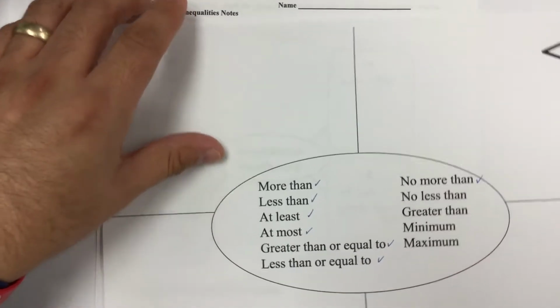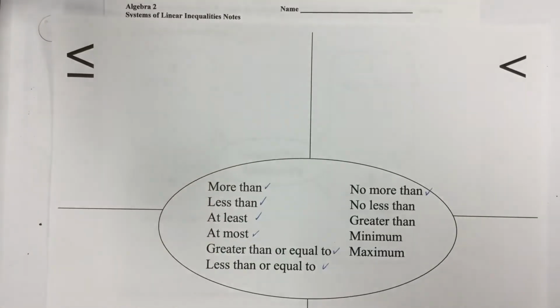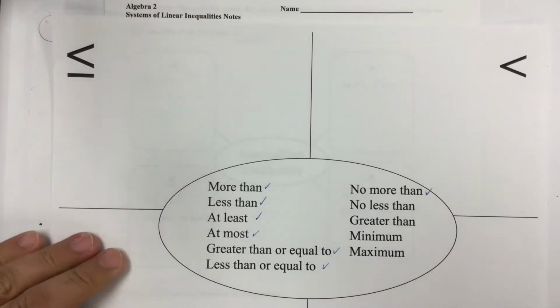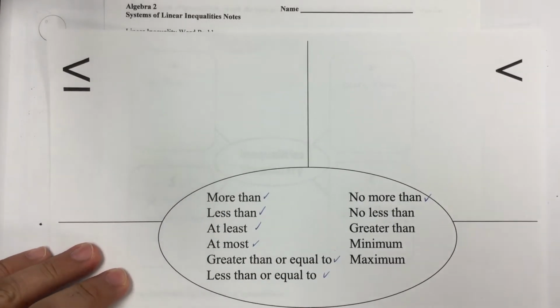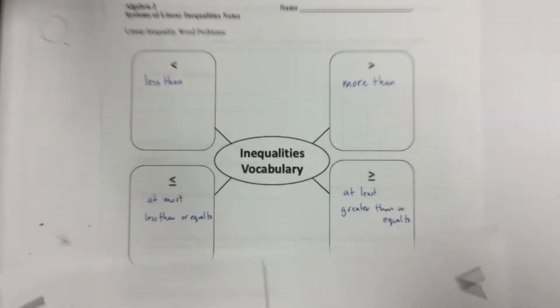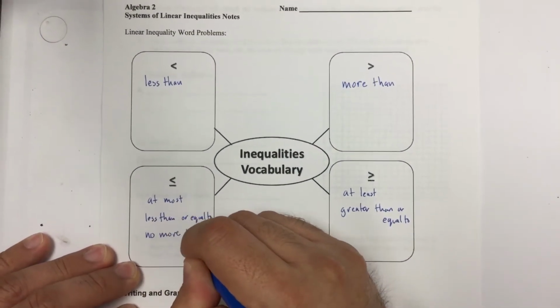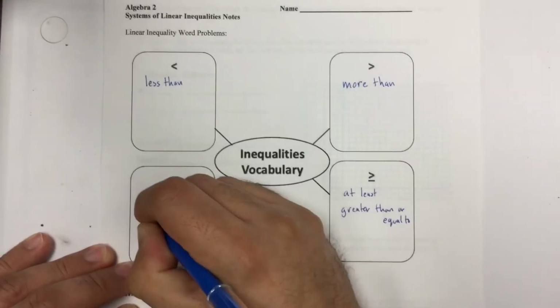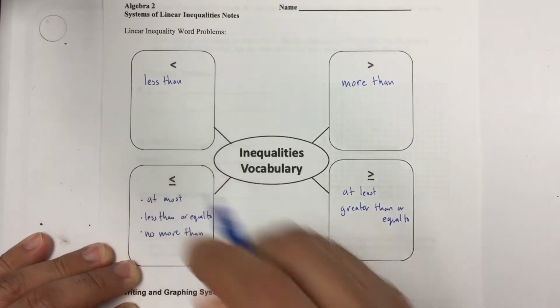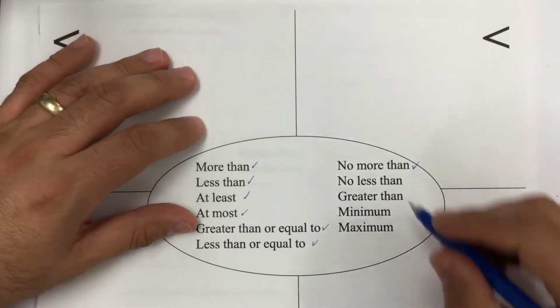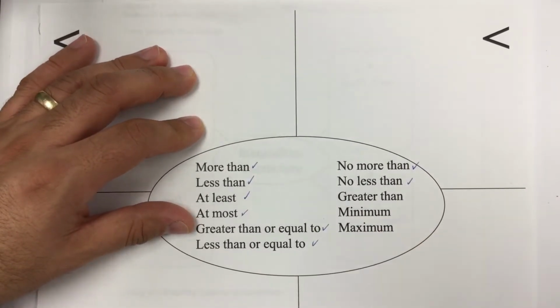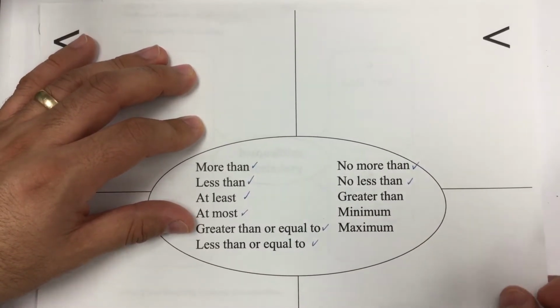So no more than means you can have that much, but you can't have over that much. So no more than would be less than or equal to. And then no less than means that's the minimum you can have, but you can have more. So that would be greater than or equal to.